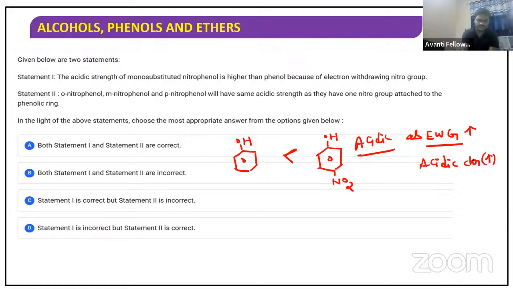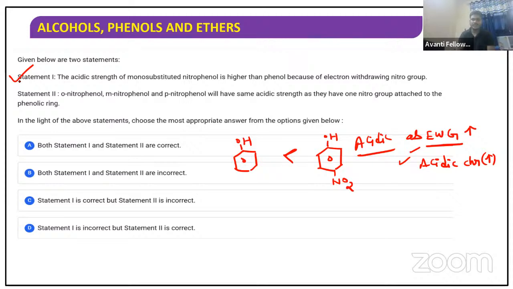This point you need to remember. As the electron withdrawing group increases, the acidic character also increases in the same way. So this is absolutely correct, the electron withdrawing group and acidic character point. Good. So statement one is absolutely correct.